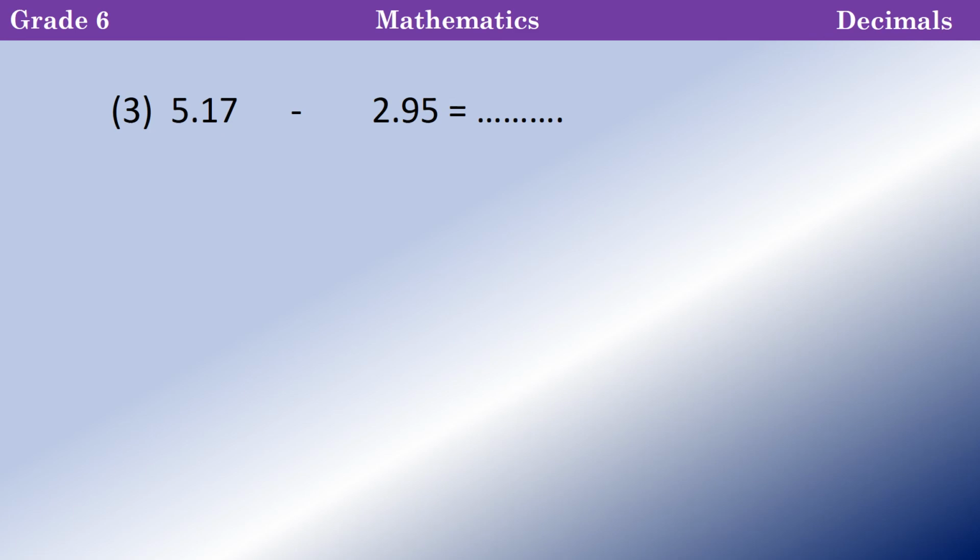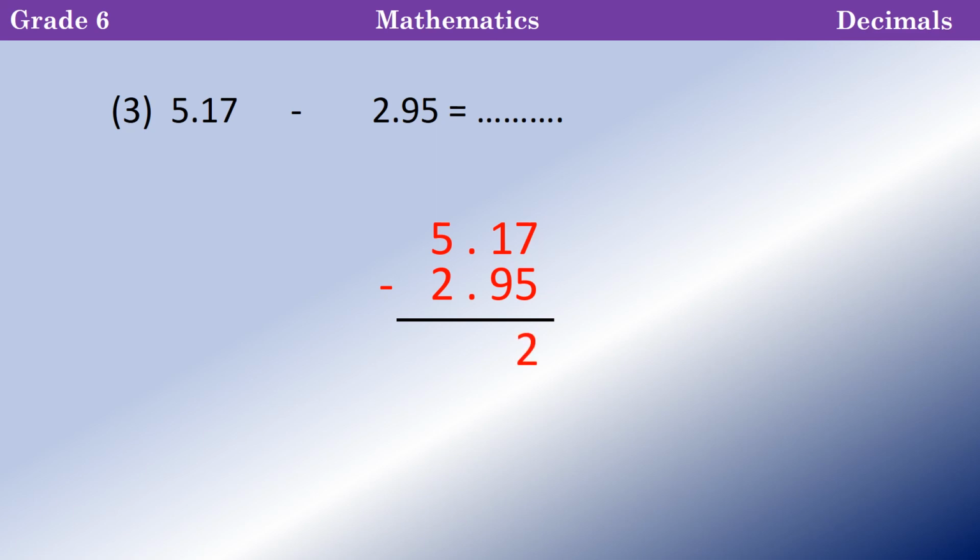Now let's subtract 5.17 and 2.95. We first write the two numbers downward in this way. Now we have to subtract the digits in the second decimal place first. That is 7 minus 5 is 2.